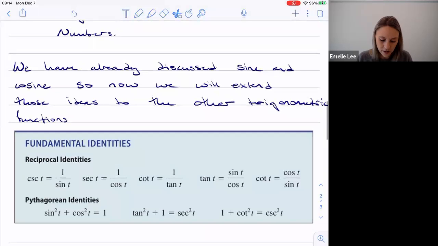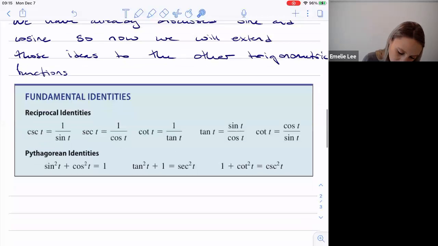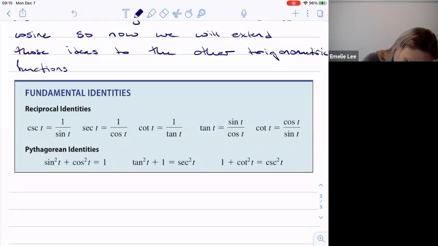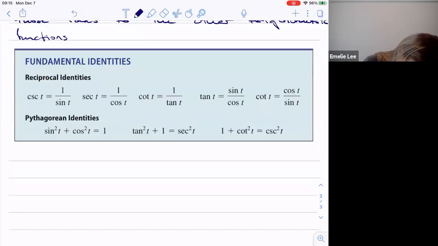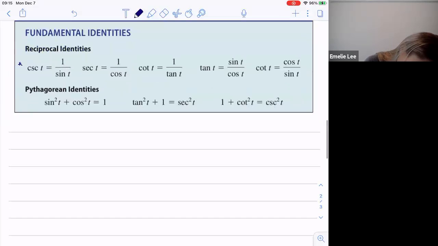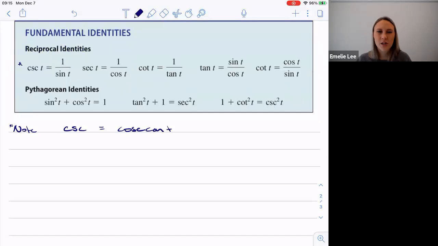Okay. So we've already talked about the sine and the cosine of an angle. And so the cosecant, okay, this here, CSC is the cosecant, right? Sometimes it's hard to know how to say these things.